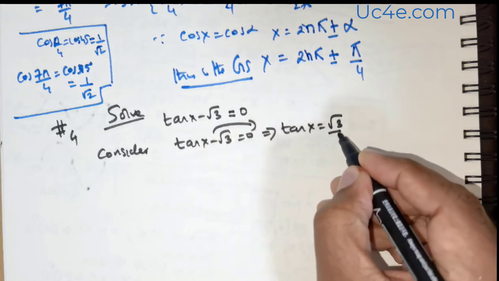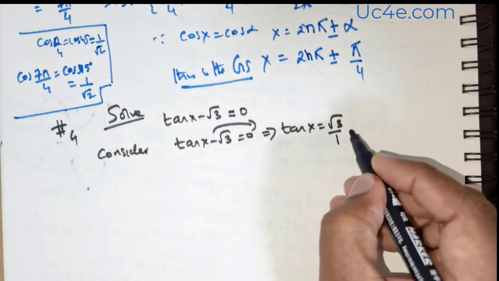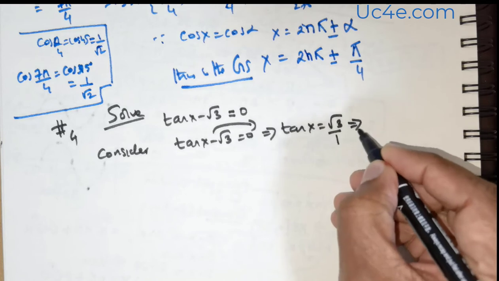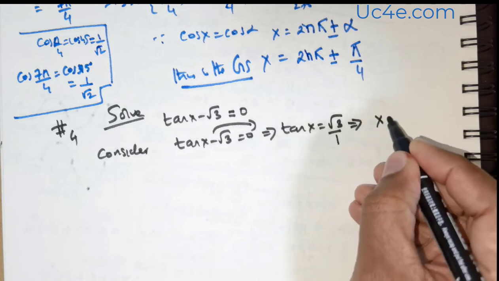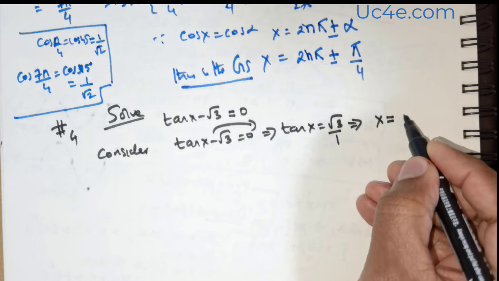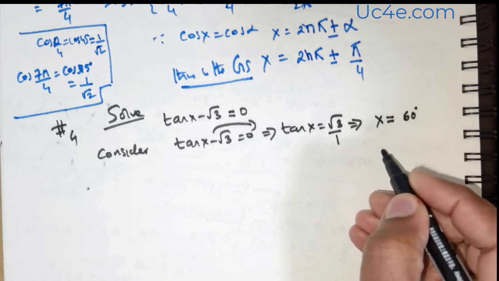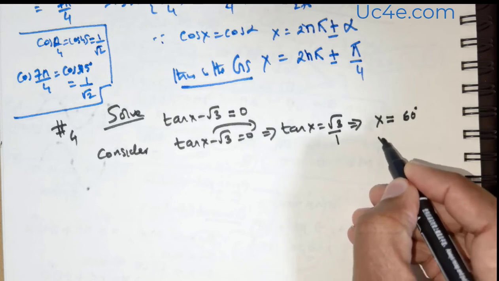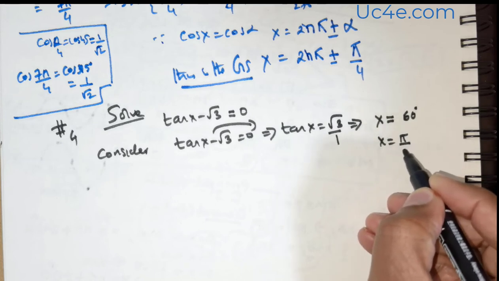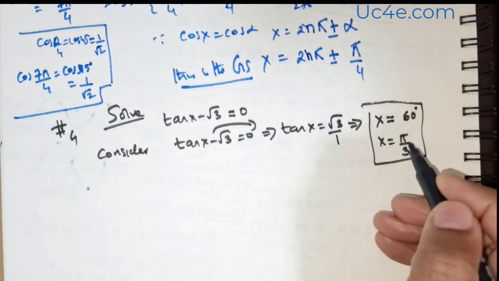Now this is actually root of 3 over 1. This is produced when x is equal to pi divided by 3. So that means when x is equal to 60 degrees or when x is equal to pi over 3. Right? So we got the value pi over 3.